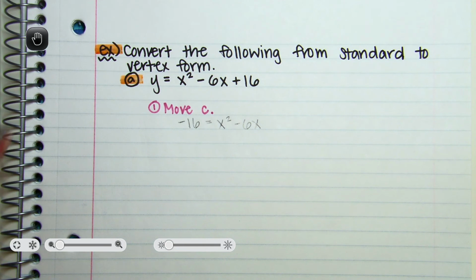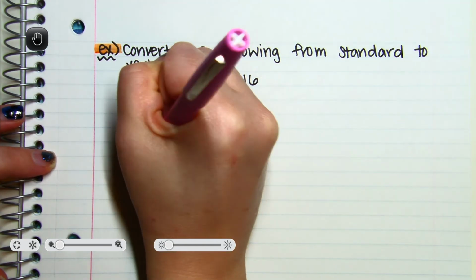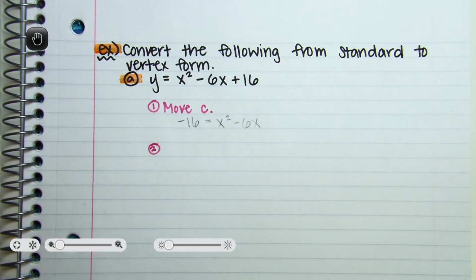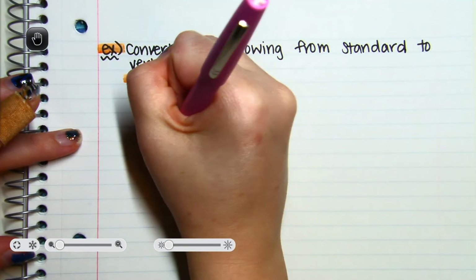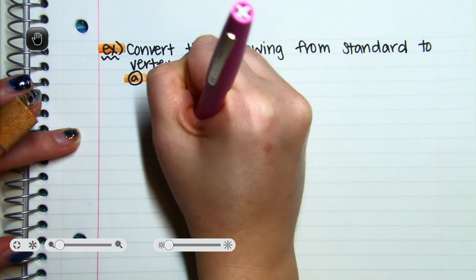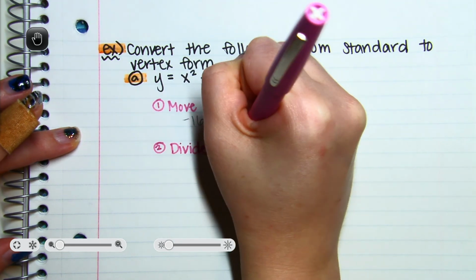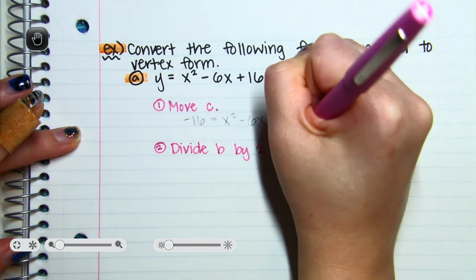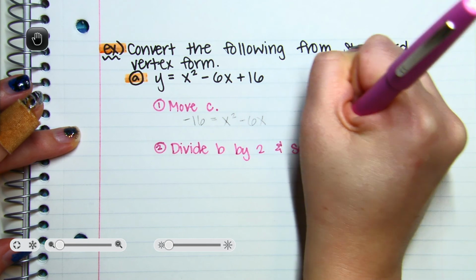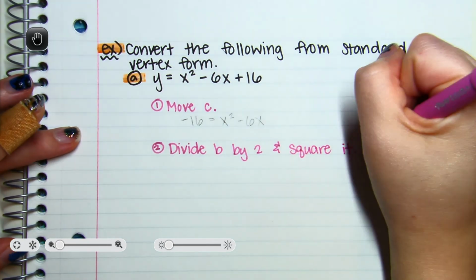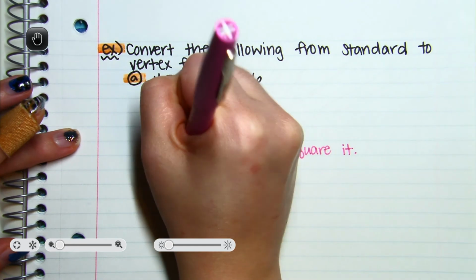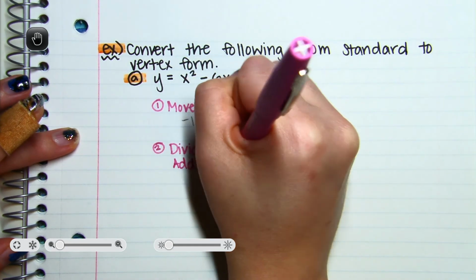Now step 2, I'm going to leave a little bit more space doing this example just so it's really easy to see what I'm doing. Step 2, divide b by 2 and square it. Add to both sides.